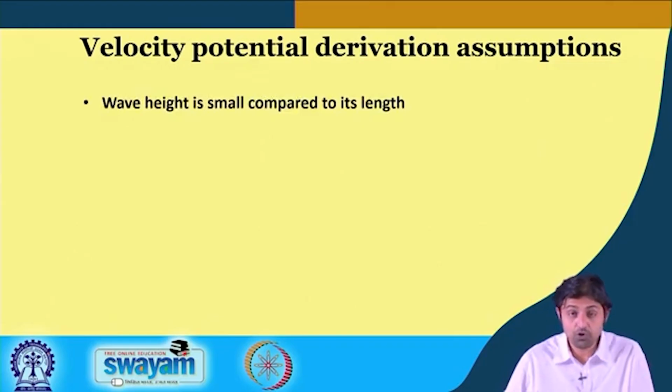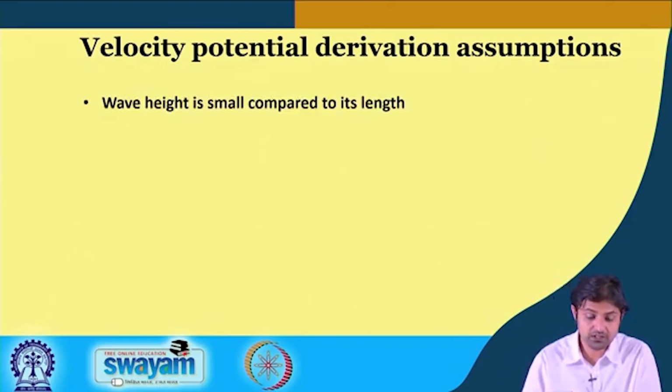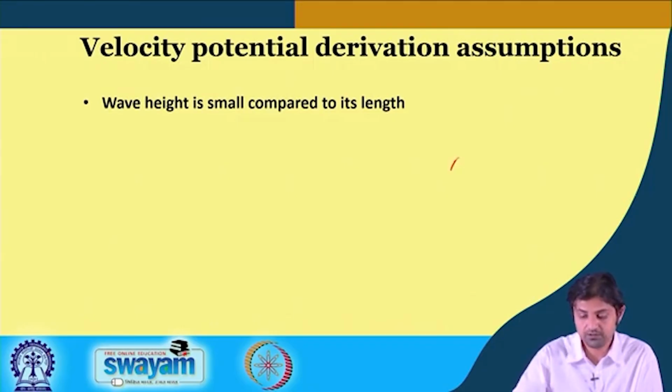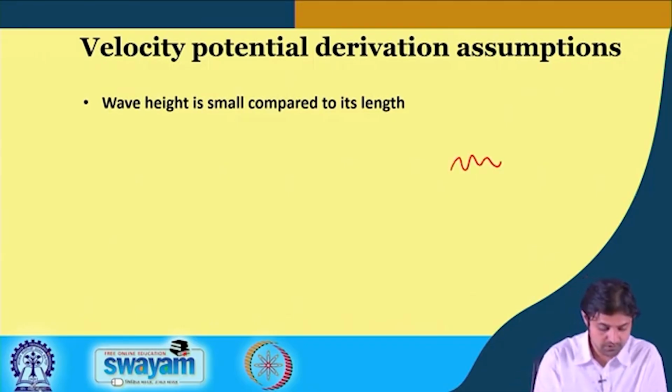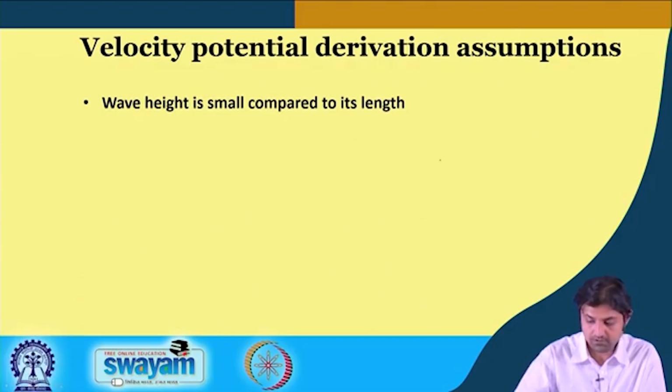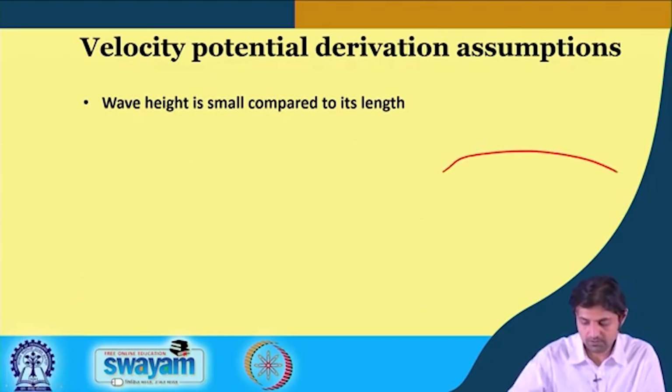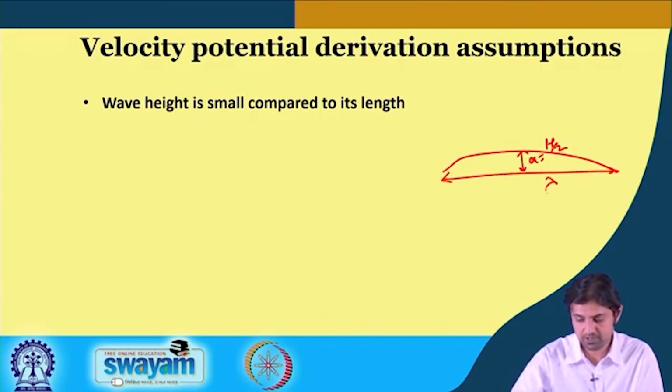Now, we also assume some additional conditions, that wave height is small compared to the length. So, you see, let us say amplitude is equal to wave height by 2, and wavelength is lambda, so lambda by 2.